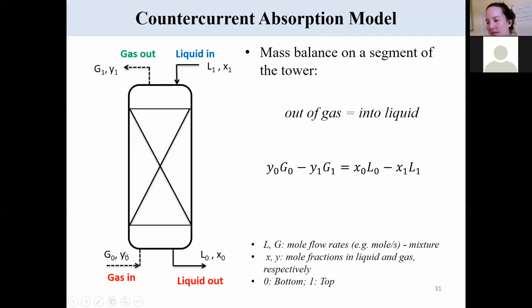In the gas stream, the amount of pollutant coming in is the concentration Y0 times G, the gas stream flow rate going in, minus what comes out: the mole fraction going out times the molar flow rate exiting the reactor. This is equal then to the liquid. So the liquid going out contains pollutant, and the liquid coming in does not contain the pollutant.